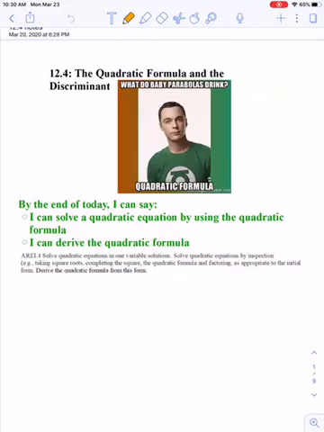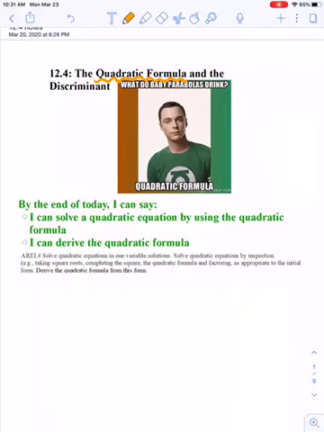Hello everybody, today we're going to talk about a third method to solve quadratics, and that method is what we call the quadratic formula. So we've talked about using square roots to solve, which we can use when there's no b. We've talked about using factoring to solve, which we will see eventually here that you can only use when you can factor, and there are situations where you can't factor, the x and x isn't going to work for you.